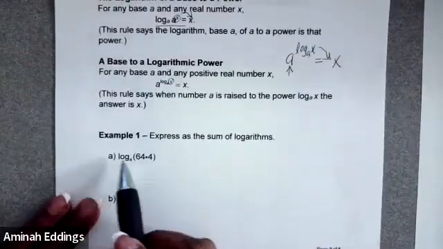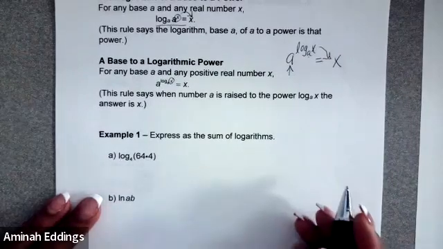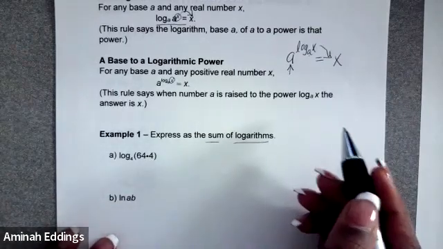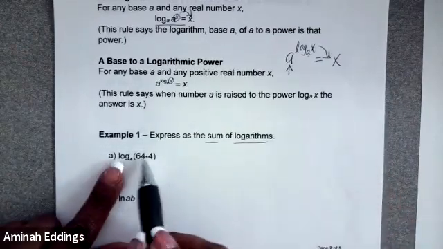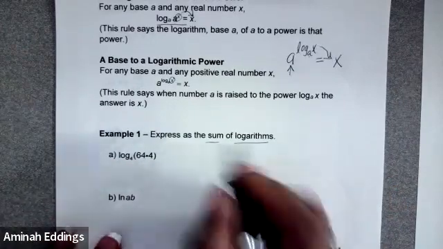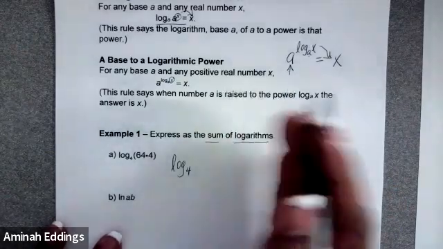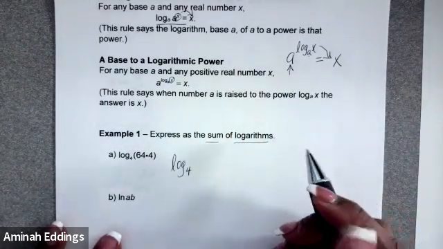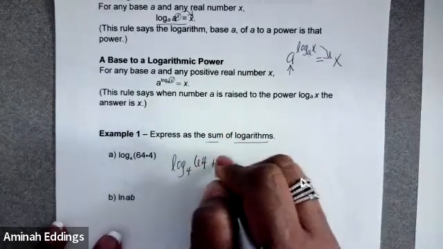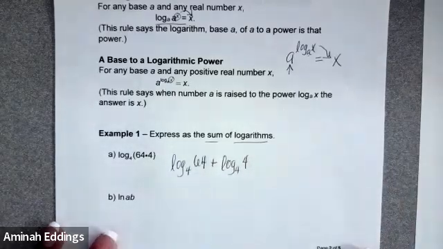For our first example, we see log base 4 of 64 times 4. If we're expanding using a sum of logarithms, that simply means when we see multiplication, we expand it out to addition. So this becomes log base 4, and you're giving each thing that you're expanding out a log. So log base 4 of 64 plus log base 4 of 4.